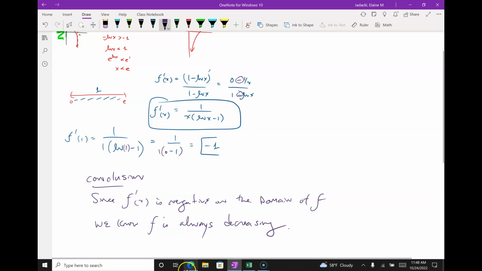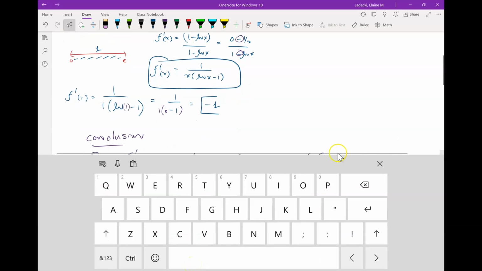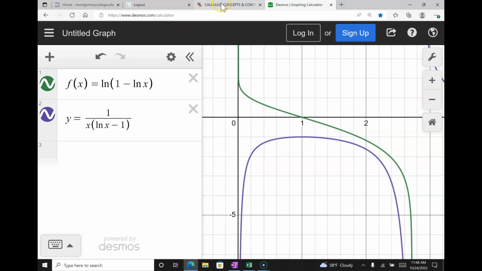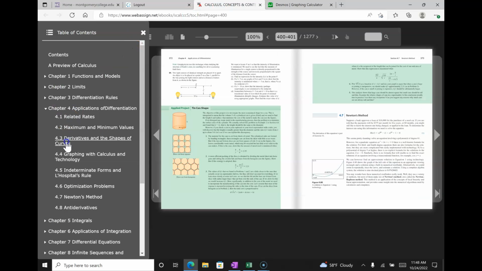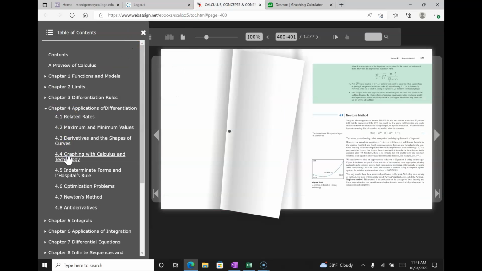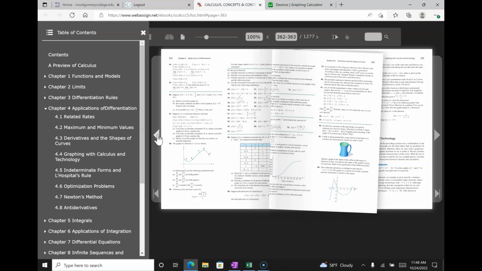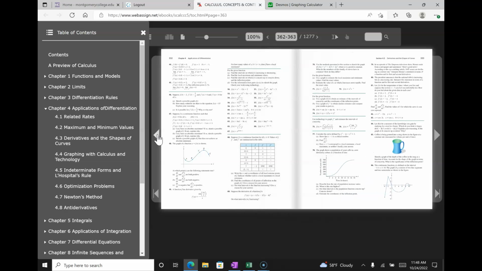So, and again, where is the homework? In the textbook. So I open up the textbook, I open up section 4.3. I go to 4.4 and then go back a page to get to 4.3, and I'm looking at numbers 1 to 67 there. So that's where the homework is.